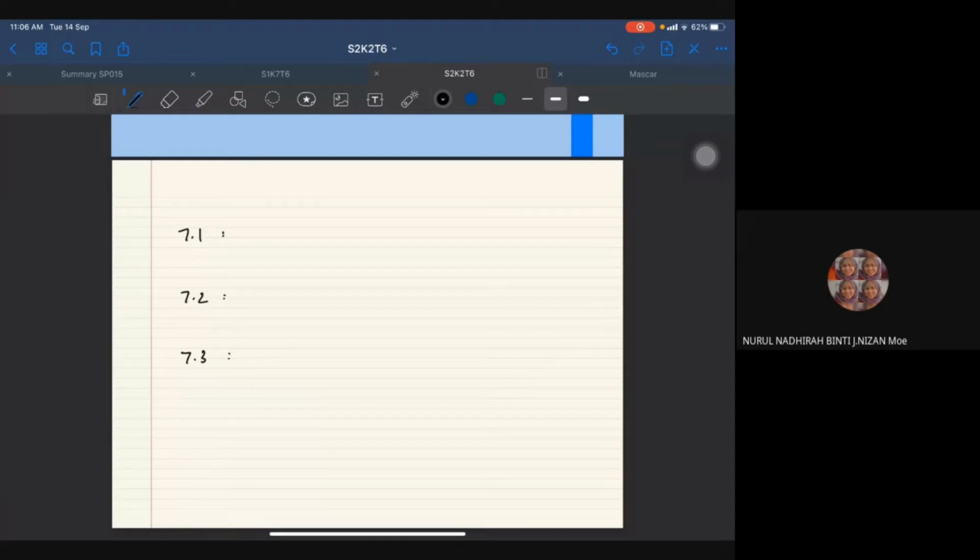At the end of this topic, students should be able to learn about force, field strength, then we also have potential energy, and then satellite motion.